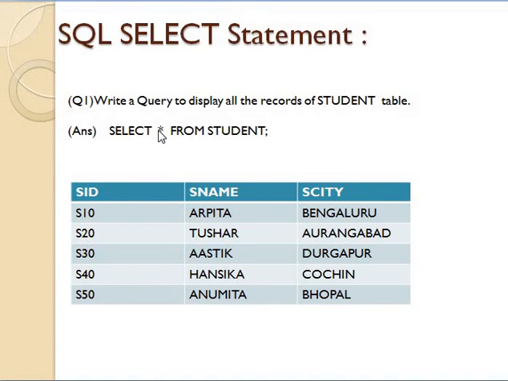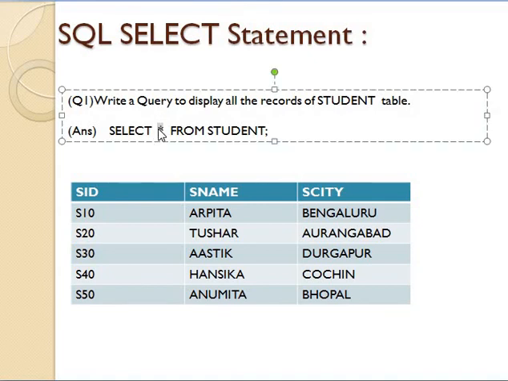As a result, using the star operator, the values of each of the columns SID, SName and SCity shall be retrieved from the table student. And the output we see is the table getting displayed exactly like this.